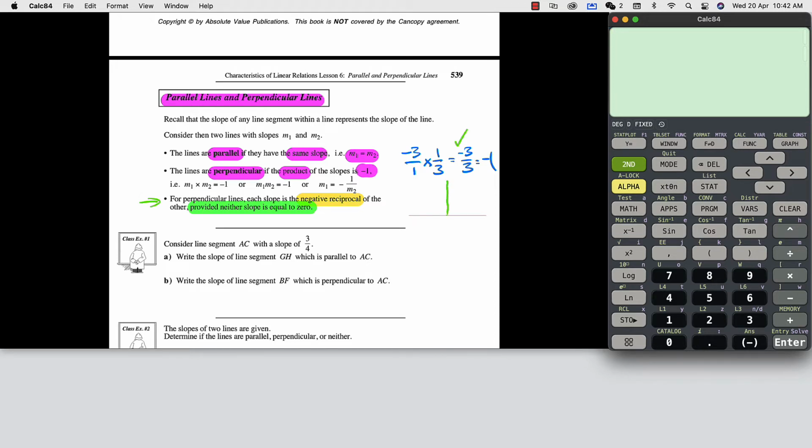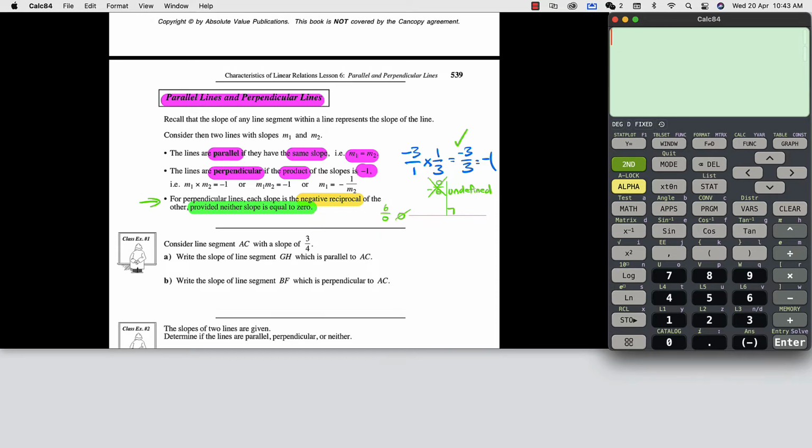I cannot really say that this would follow the rule, because remember, the perpendicular of this one would be undefined. So in this case, it doesn't follow that rule. Because if this was a 0 over 6 and we flip that up and down, make it negative, again, this part is not possible.